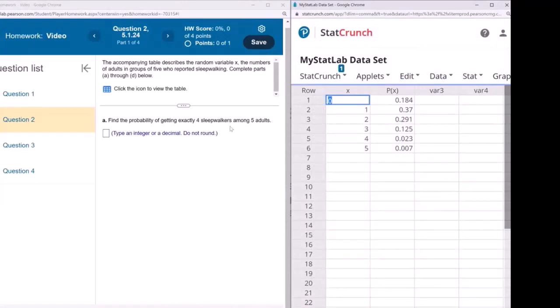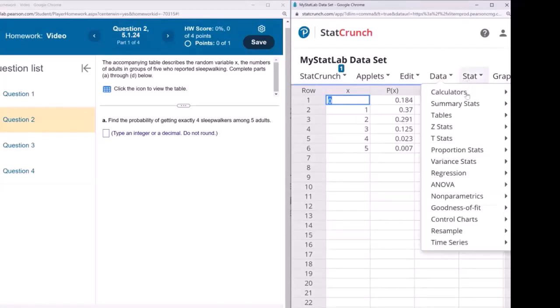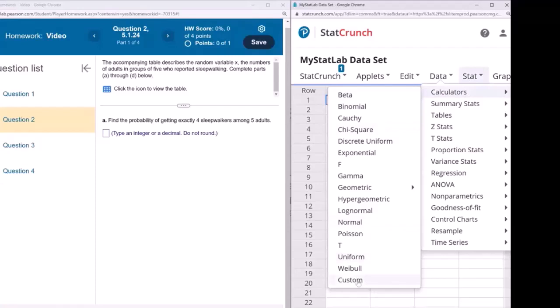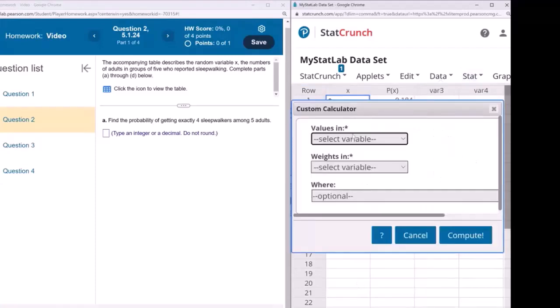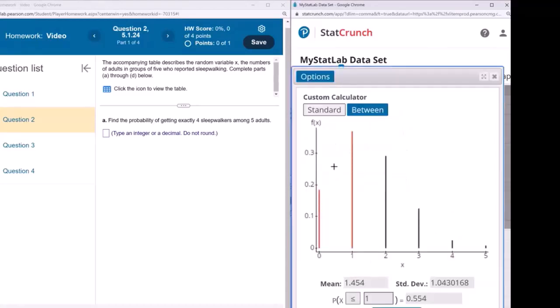Find the probability of getting exactly 4 sleepwalkers among 5 adults. I'm going to go to Stat, Calculators, Custom. We've done this before, but this is a little different. And I hit Compute. I get my probability distribution.